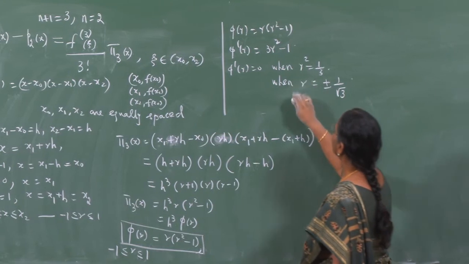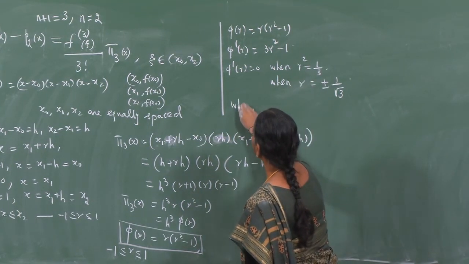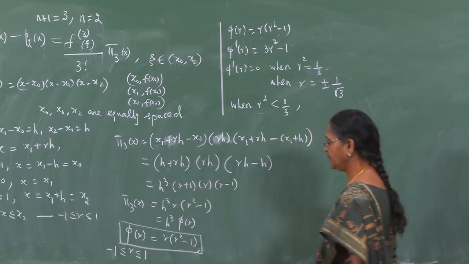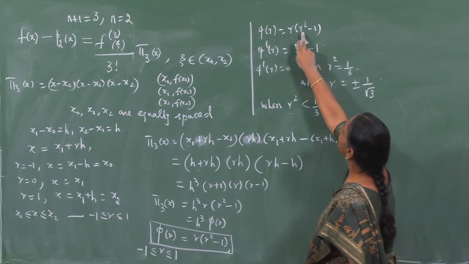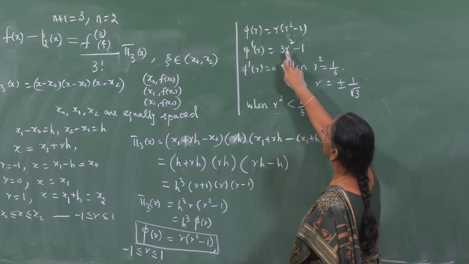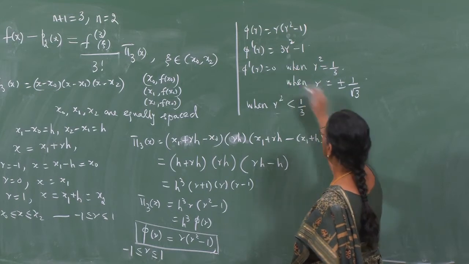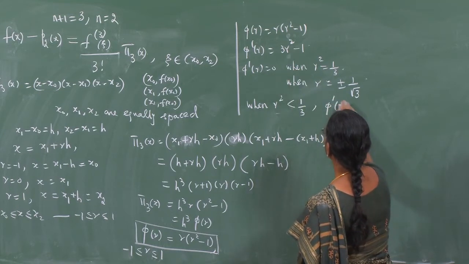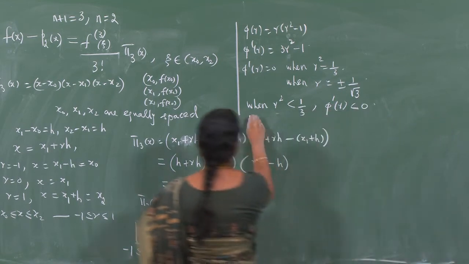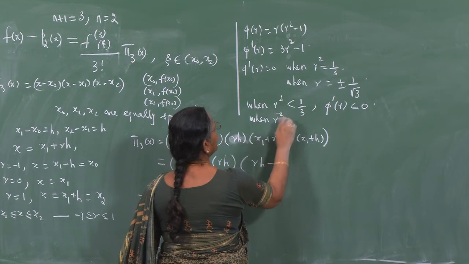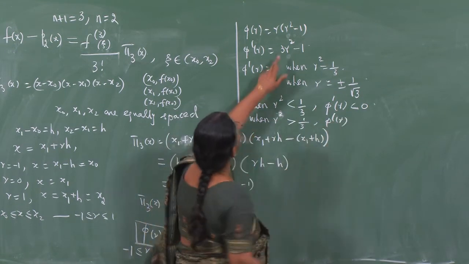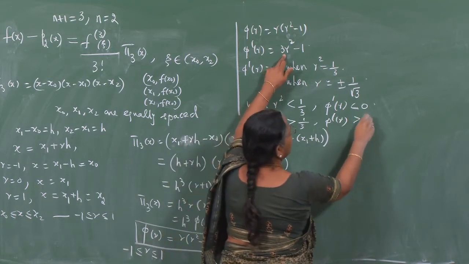Now let us see what happens when r square is less than 1 by 3. Then phi dashed of r is negative. On the other hand, when r square is greater than 1 by 3, phi dashed of r is going to be greater than 0.